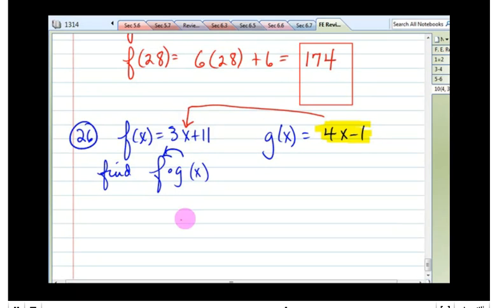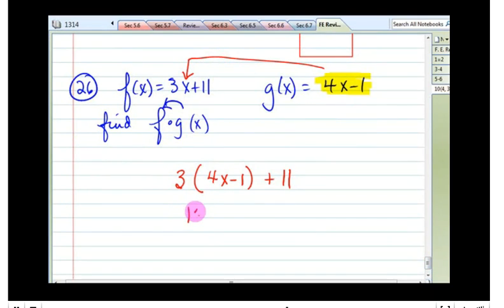So we're going to have 3 times 4x minus 1 plus 11. I took the whole g function, put it into f. So then you just clean it up a little bit.